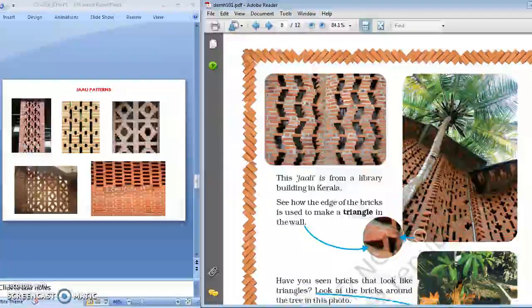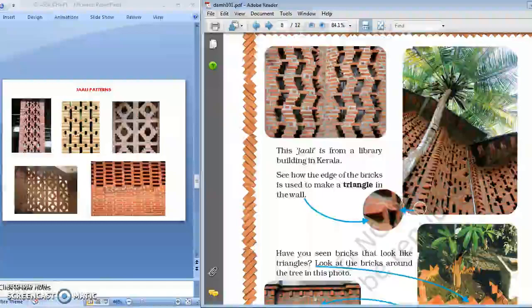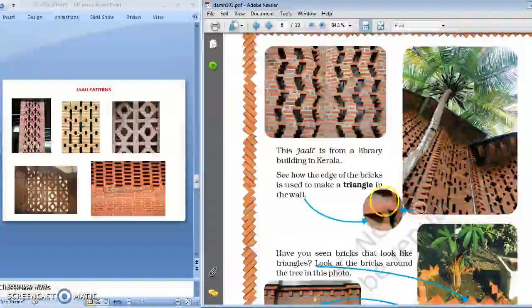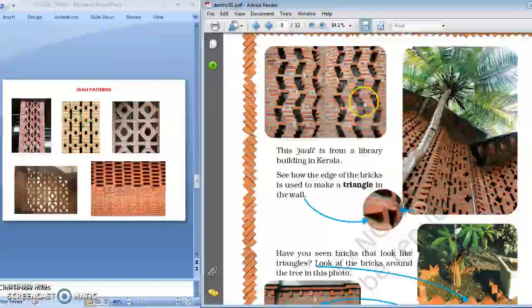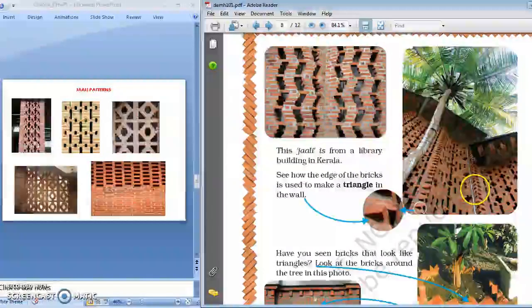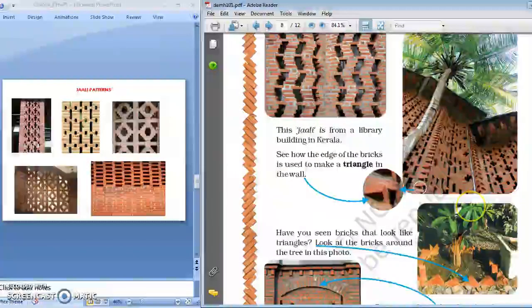Here are some jalis from the buildings in Kerala. Now see how the bricks are arranged in triangle form, and this is how nice and beautiful it is looking. Here also we could see other jali patterns.